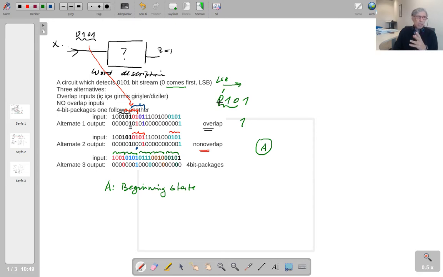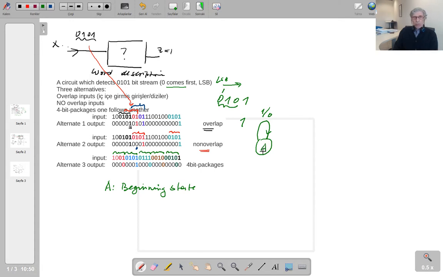If 1 is coming in, that means definitely this cannot be my sequence. So in order to start my sequence, this first 0 must come in. So in the beginning state, if 1 comes in, my output is 0, and I stay in my beginning state.